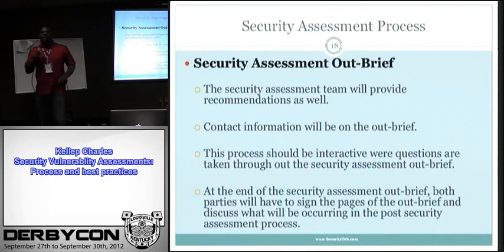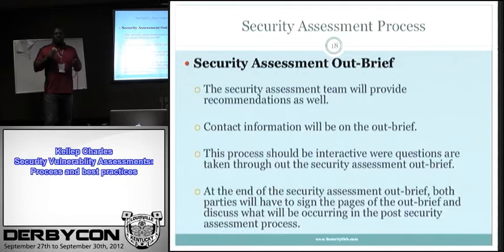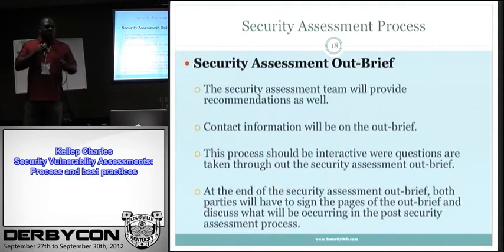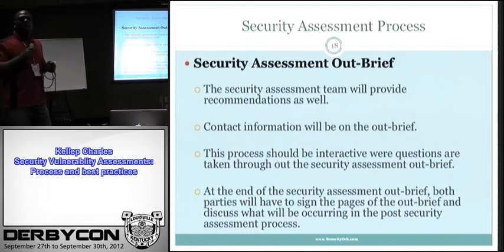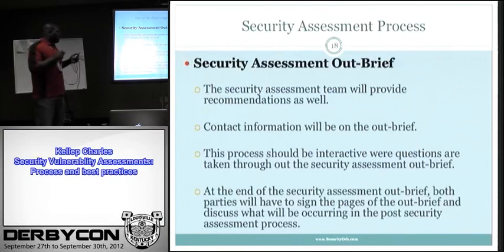And then we conduct the outbrief. The technical assessment report and the outbrief document are connected together. Basically at the outbrief, we talk to all interested parties. It's more of an interactive situation where we talk about our findings, the difficulties in the situation, and any concerns.